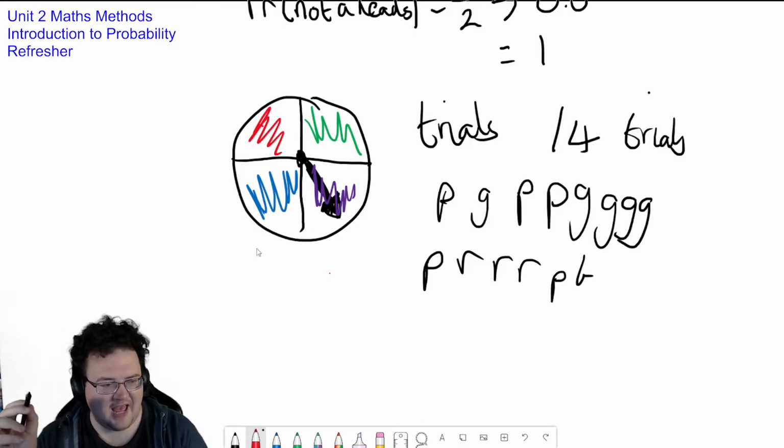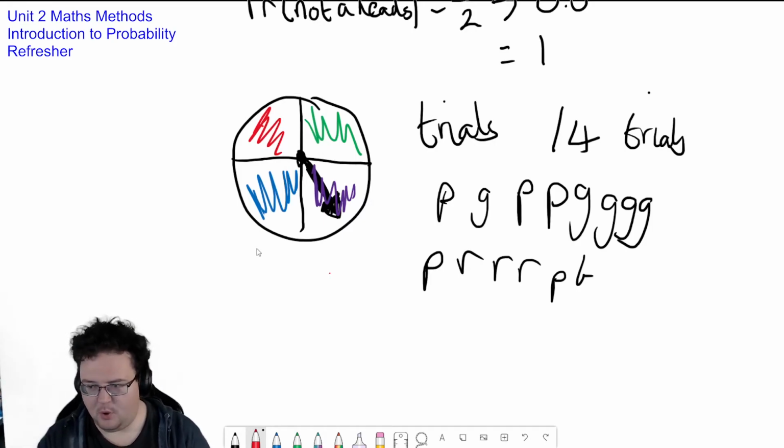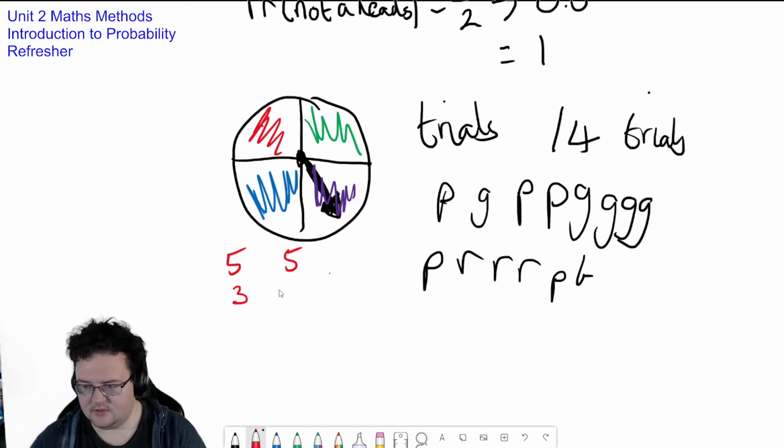So, if we look at our 14 trials, how many purples were there? Well, there were 5. How many greens were there? There were 5 greens. There were 3 reds and a solitary blue.